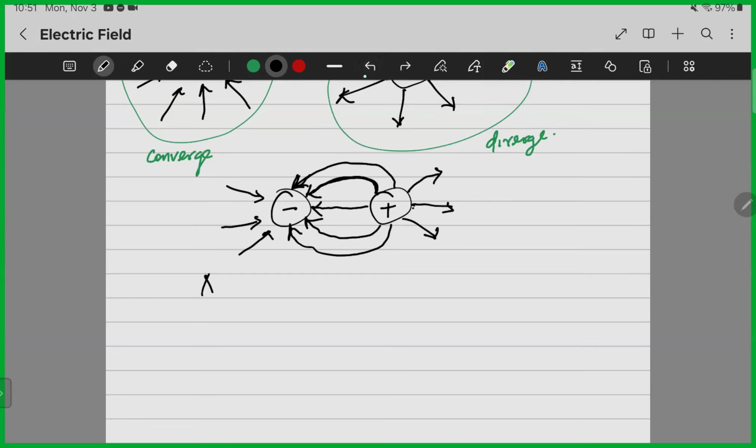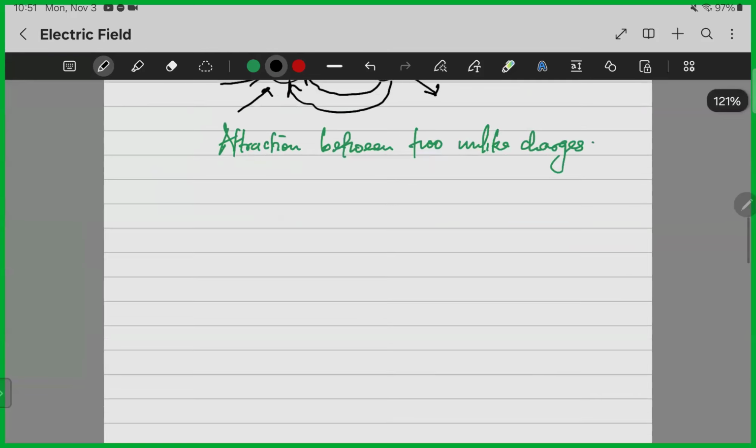So let me write it this way. Call it attraction between two unlike charges. So keep that in mind. That is a very important principle that you cannot overemphasize in physics.